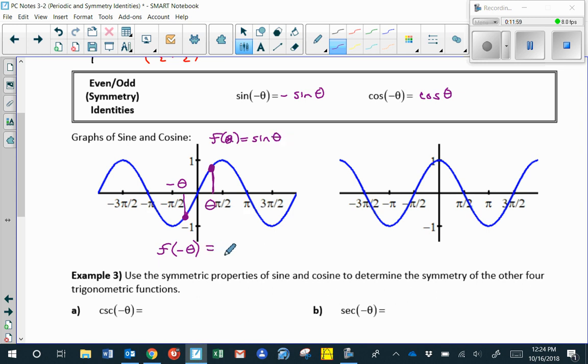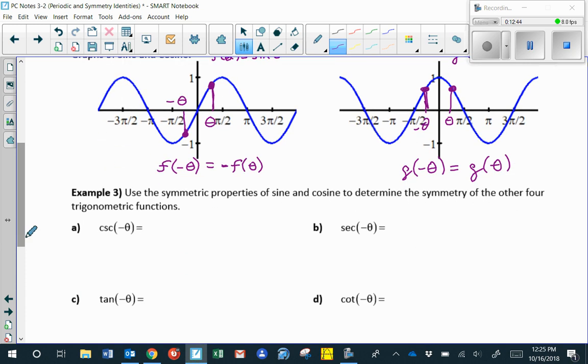Then f of the opposite of theta, we can see from the graph, has an opposite y value, so it's the opposite of f of theta. For the graph of the cosine, let's call this one function g. So g of theta is equal to the cosine of theta. And if we look at points on the graph that have opposite input values, we can observe that they have the exact same y value. So g of the opposite of theta is equal to g of theta.